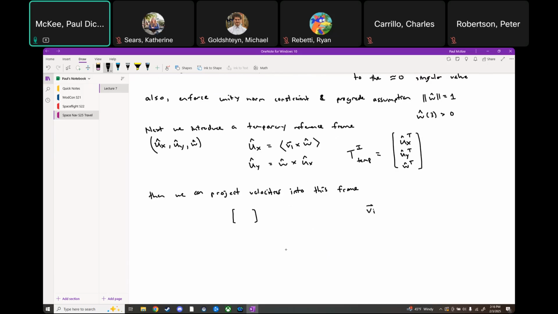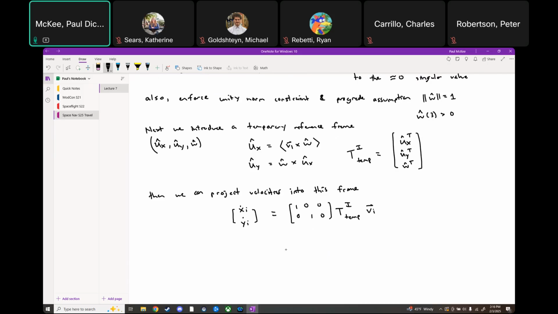For the ith velocity, if we multiply this by T inertial to temp, and then we further multiply this by a partial identity matrix. So we're dropping the third column. Then this will get us xi dot and yi dot. So we're treating it as a 2D problem now.